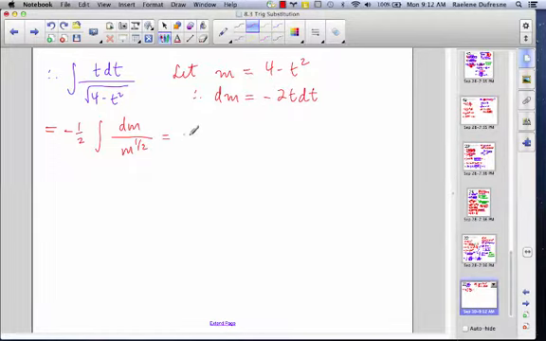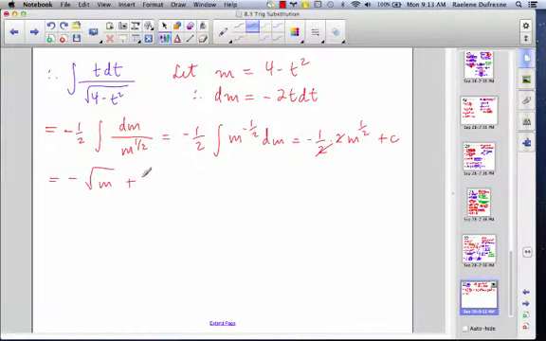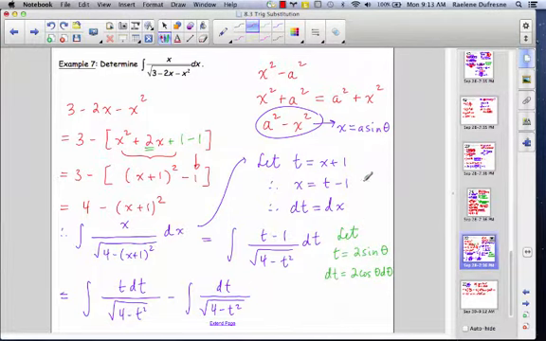So we get negative 1/2 times the integral of m to the negative 1/2 dm, which is negative 1/2 times m to the exponent of positive 1/2 divided by 1/2, or times 2. And so this is equal to negative the square root of m plus a constant, which is equal to negative the square root of 4 minus t squared plus a constant, and t was x plus 1.